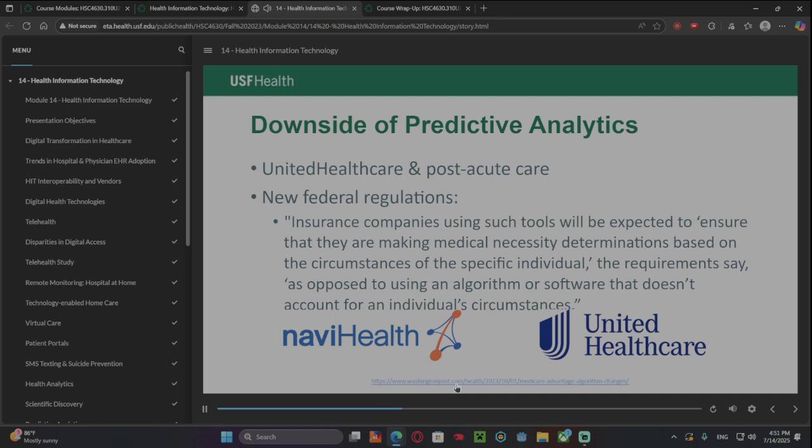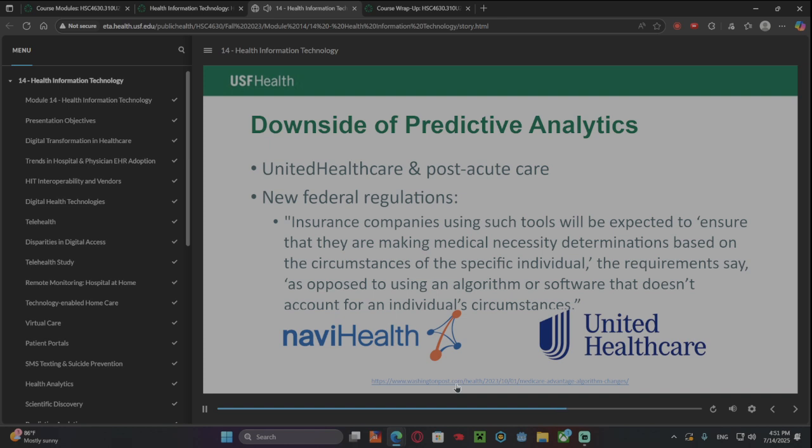The new federal regulations found that the insurance companies using the analytics tools are expected to ensure that they are making medical necessity determinations based on the circumstances of the specific individual. The requirements say, as opposed to using an algorithm or software that doesn't account for individual circumstances.